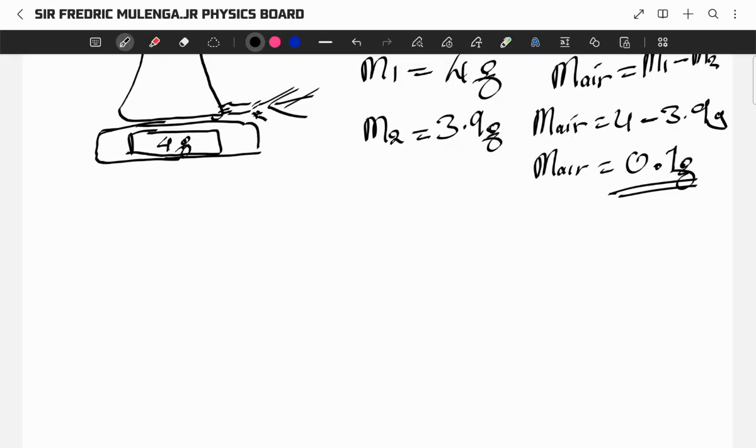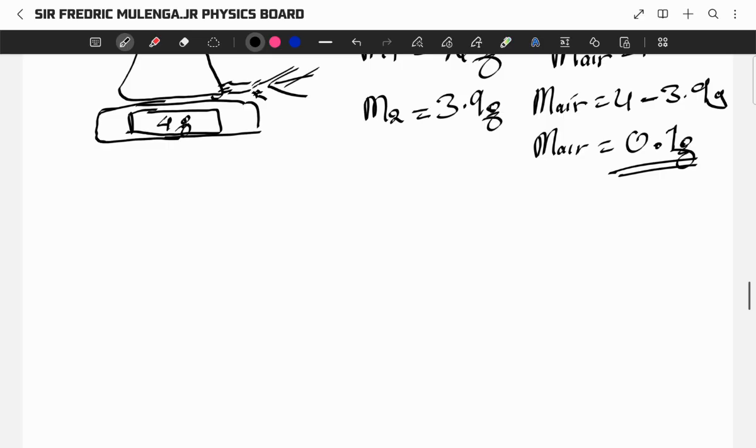For example, say mass 1 is 2 grams and mass 2 becomes 2.1.